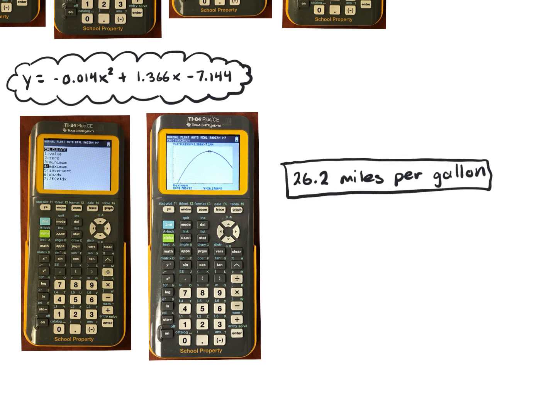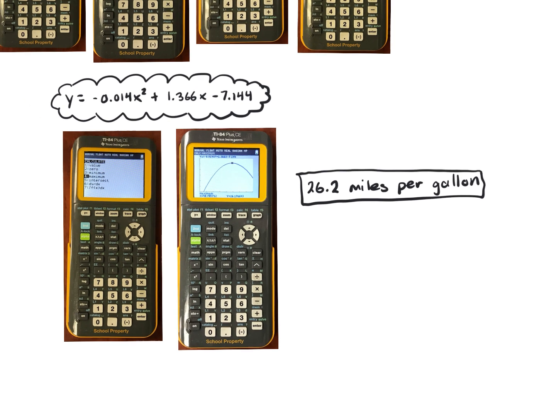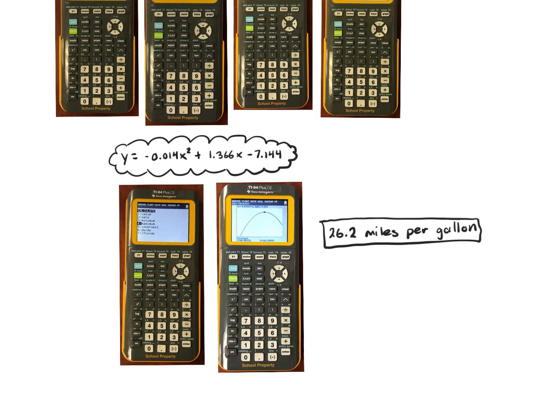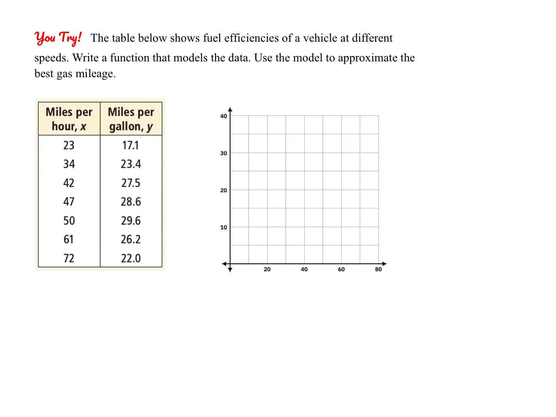Now, depending on how you rounded your A, B, and C values, that maximum X and Y values might be slightly different, maybe by a tenth or hundredth or even thousandth, but that would all just be due to rounding. As long as your answer is really close to this, you should be fine.